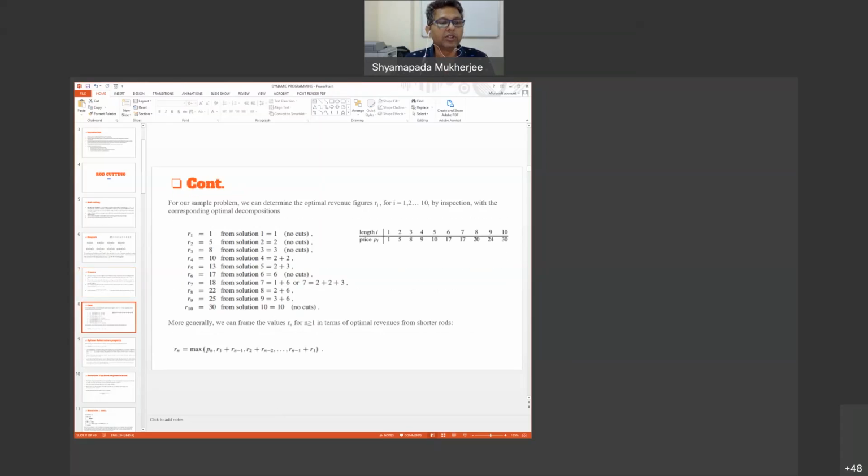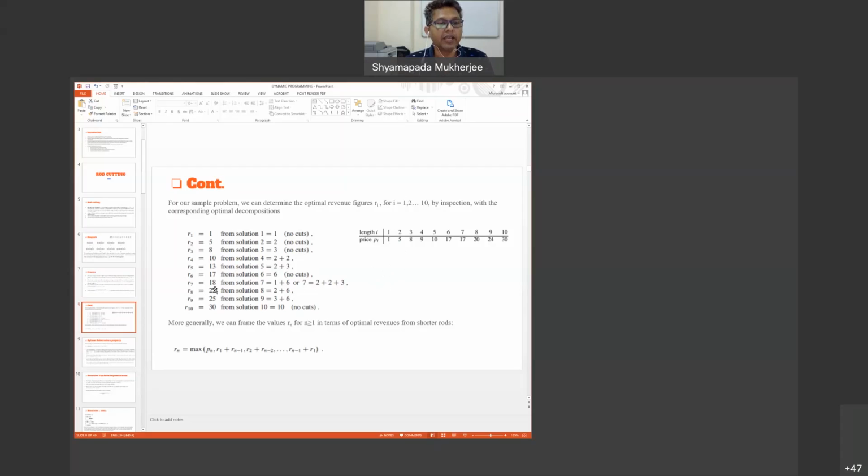R2 also, like if the length of the rod is 2, the optimal revenue is 2 if we cut it into 2 pieces, 1 and 1, because the price of length 1 equals 1. So for 2 pieces of length 1, that will give you 2. But if you don't cut the rod of length 2, the optimal solution will be 5.